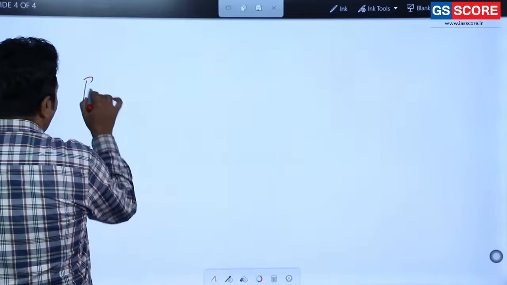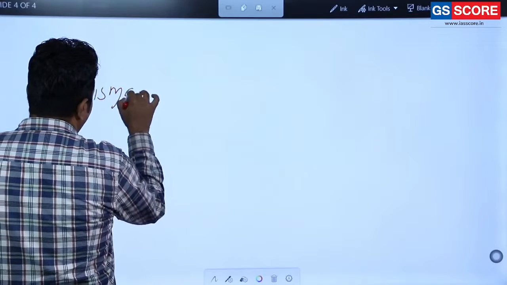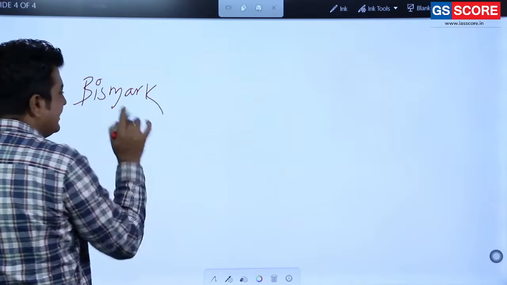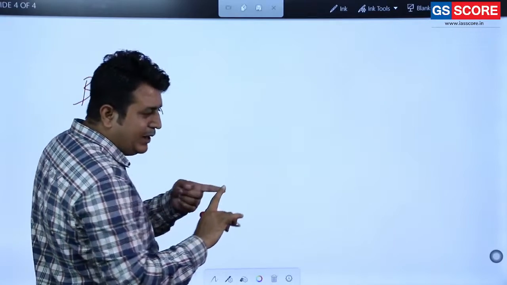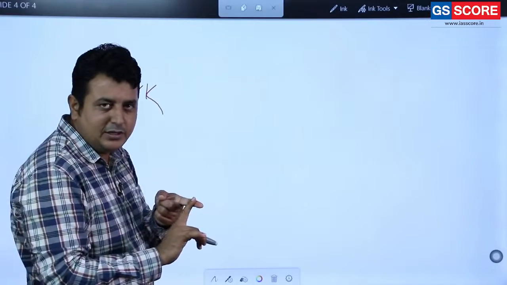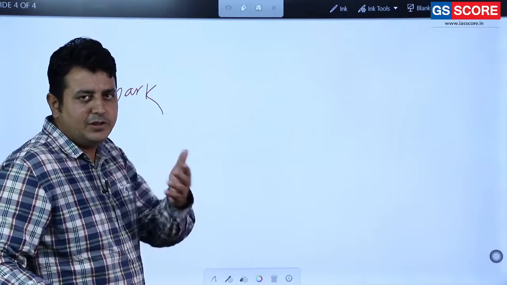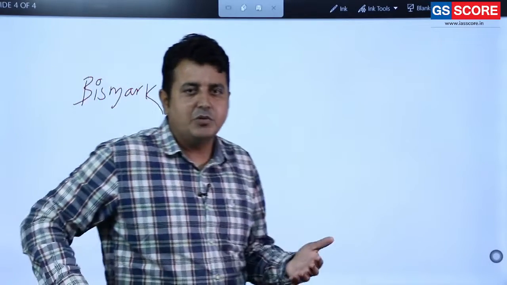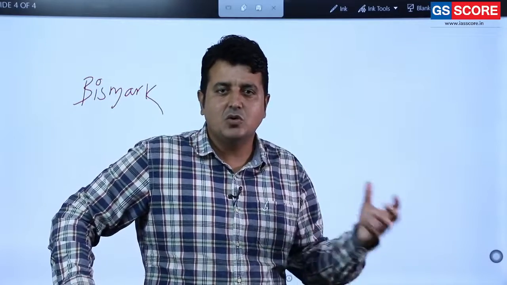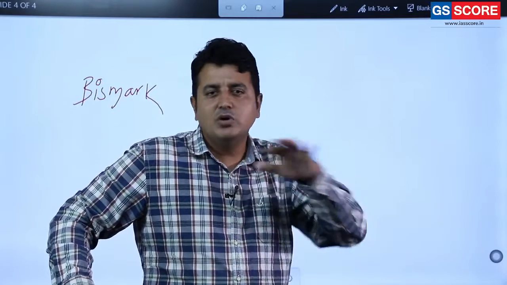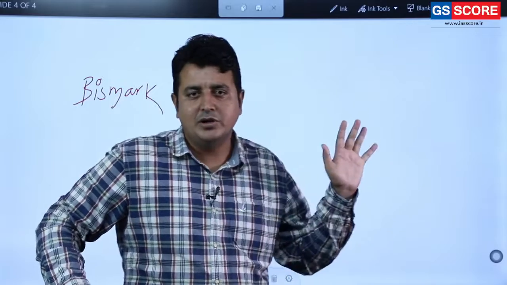So when we talk about Bismarck, he was a diplomat, he was a realpolitiker, he believed in realpolitik. And realpolitik, you know that right now America follows realpolitik. If you have a vested interest, then you are going to take part in that. If you don't have any vested interest, you are not going to entertain anyone.